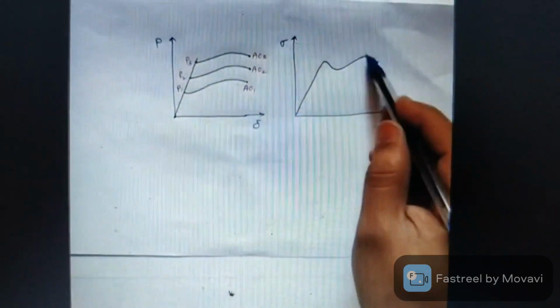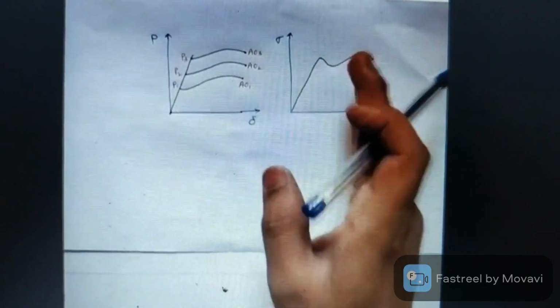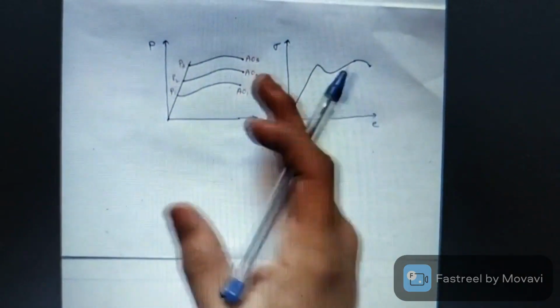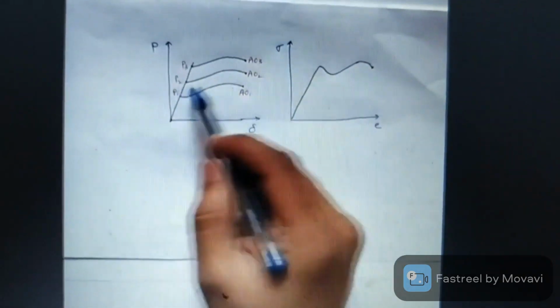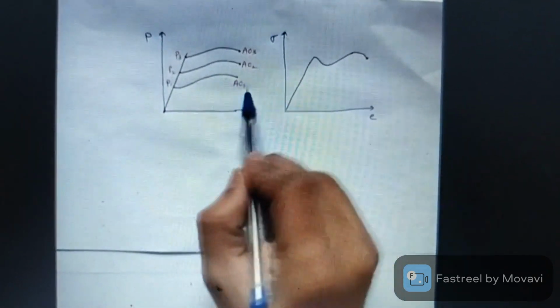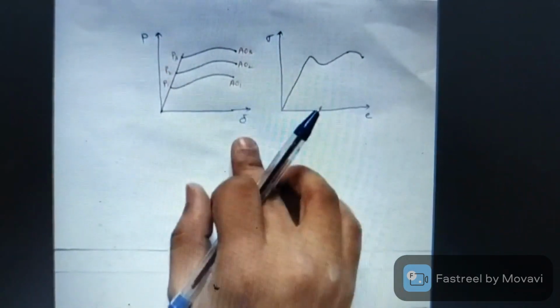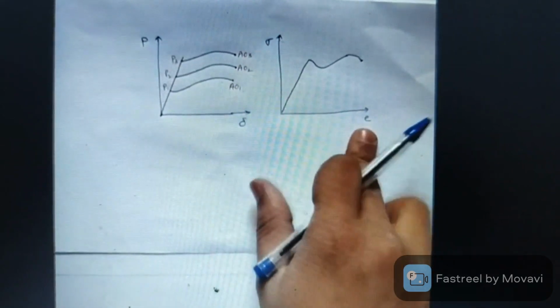So this is not a property of the material. On the other hand, the stress-strain curve is unique for the material. So this is a property of the material, because a single material will have the same stress-strain curve. It will not vary according to the load or cross-sectional area. This is the basic difference between the load versus deformation and stress versus strain diagram.